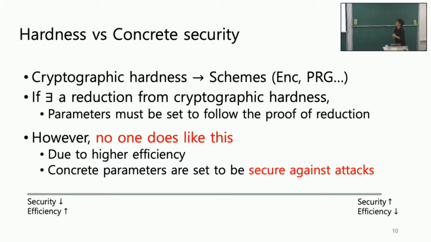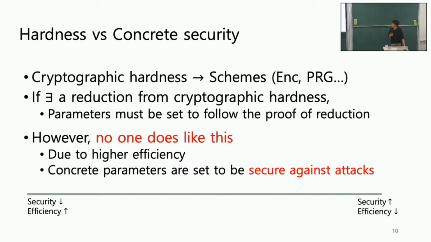Okay, now we discuss hardness versus concrete security. It is the same as our title. Until now we know how to construct schemes based on the cryptographic hardness, and we want to instantiate the schemes in the real world.